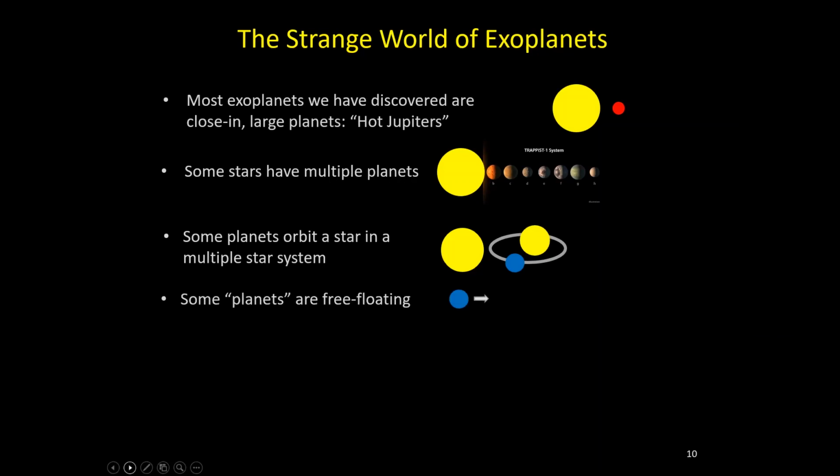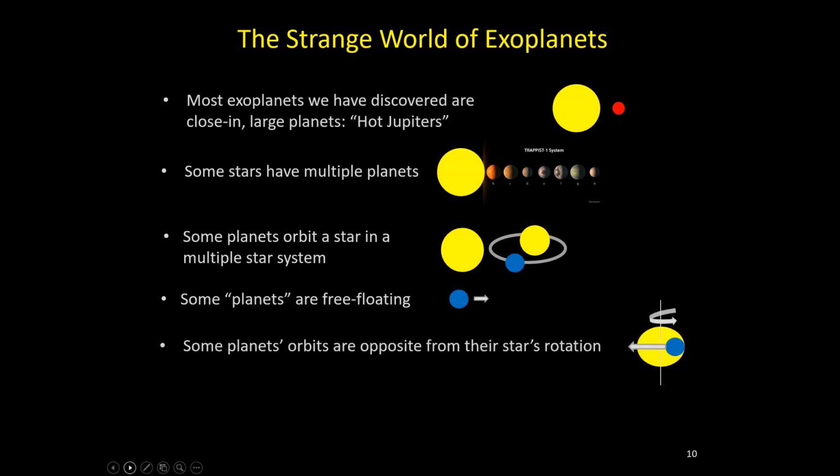Next. We have some planets that are free-floating, that have been ejected, for example, from their original solar system and are floating free in space. Next. And we have some planets whose orbits are actually opposite from the rotation of their host star.